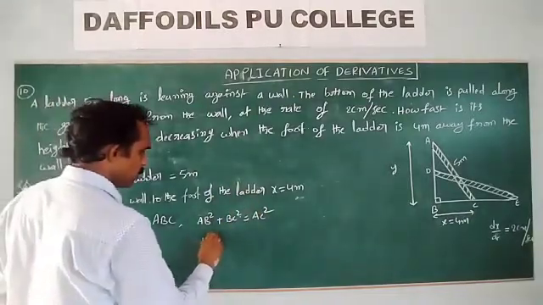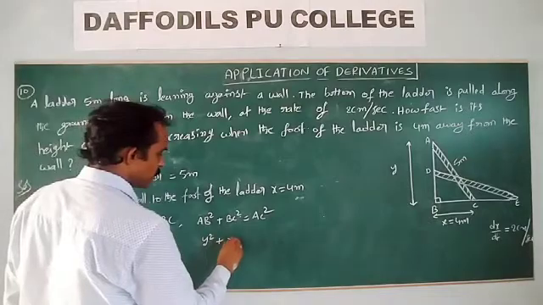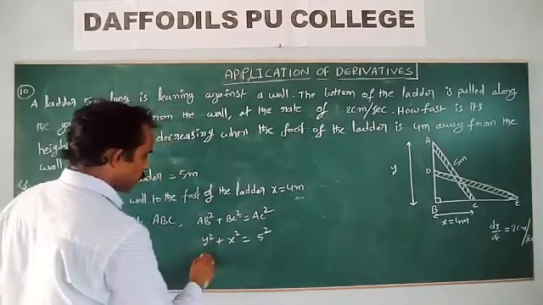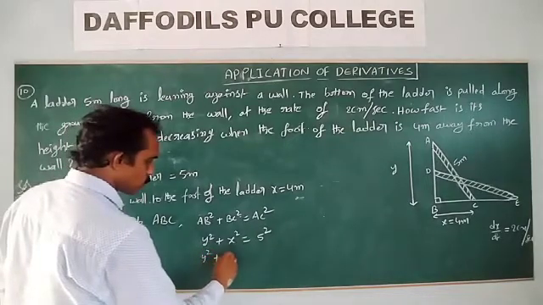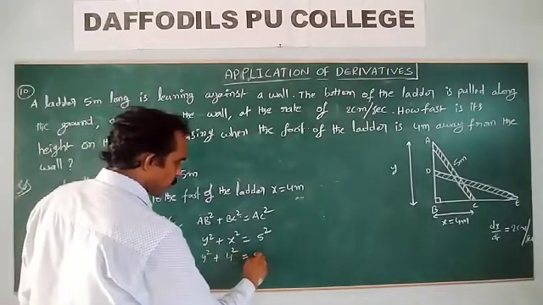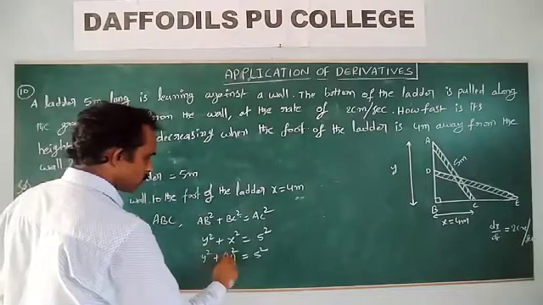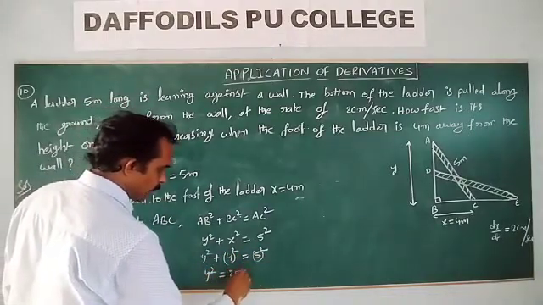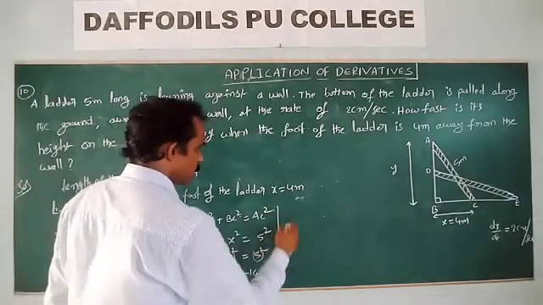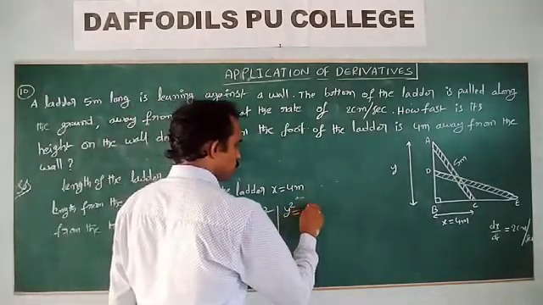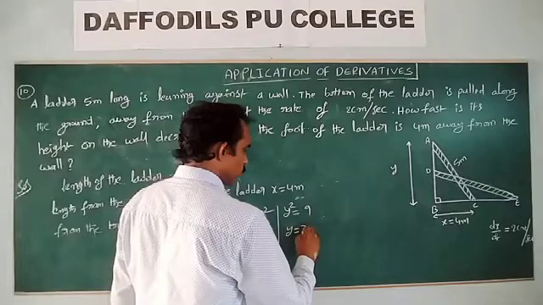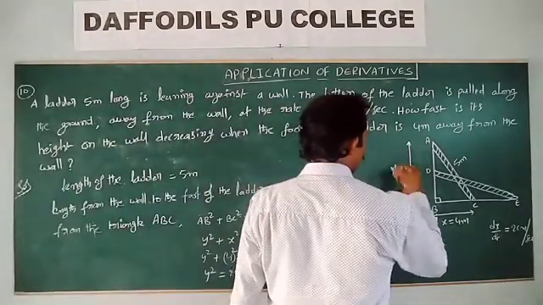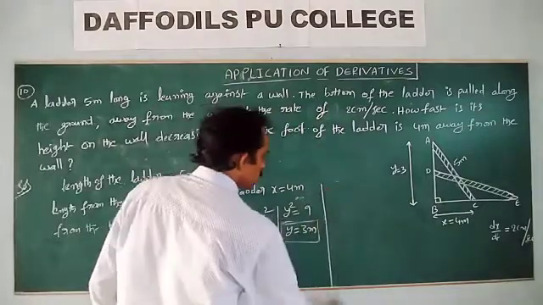AB square means y square, BC square means x square, AC square is 5 square. So y square plus 4 square equals 5 square, so y square is equal to 25 minus 16, that implies y square is equal to 9. Y is equal to 3 meters.